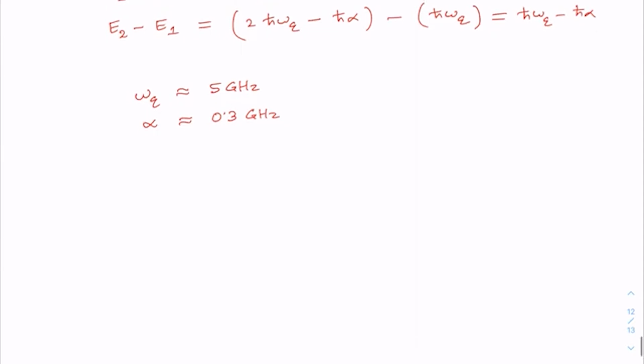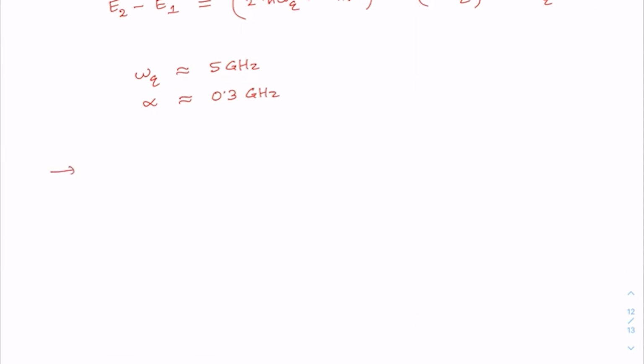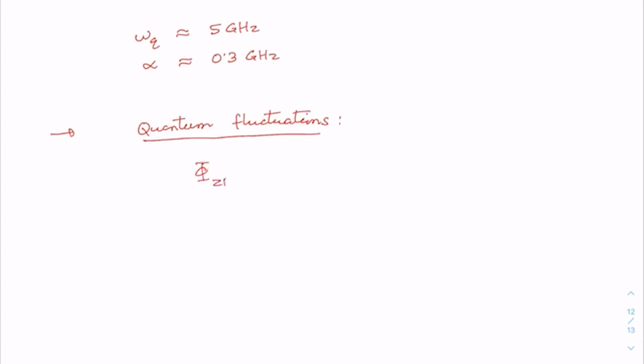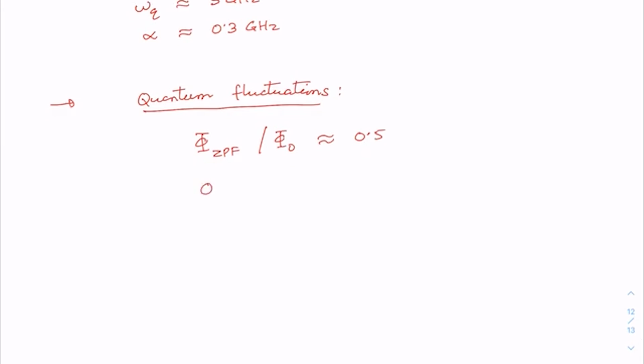Now as regards the quantum fluctuation, if we look at the quantum fluctuation in this transmon with the given parameters, it turns out that phi zero-point fluctuation divided by the flux quantum is around half, or 0.5, and the fluctuation in the charge, with respect to the Cooper pair, that is twice the charge of the electron, turns out to be 1.01.